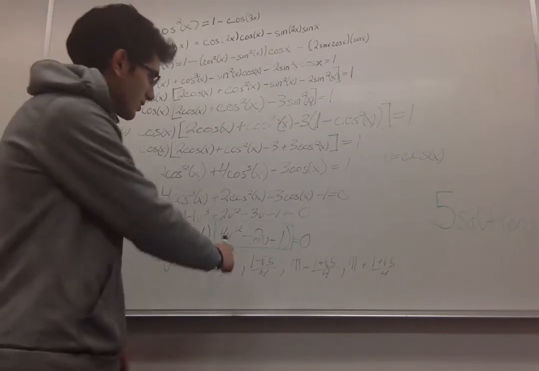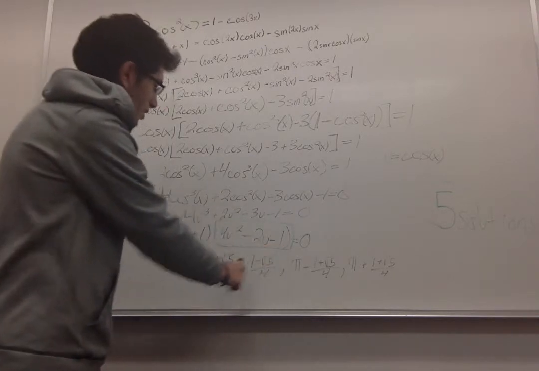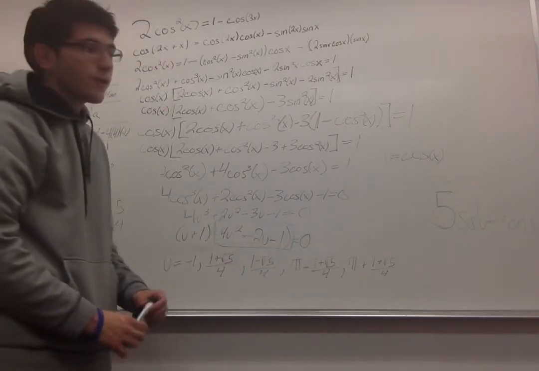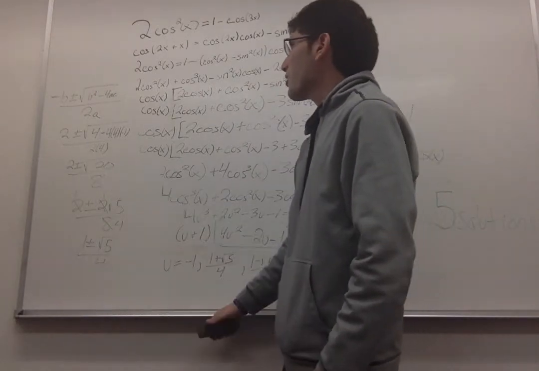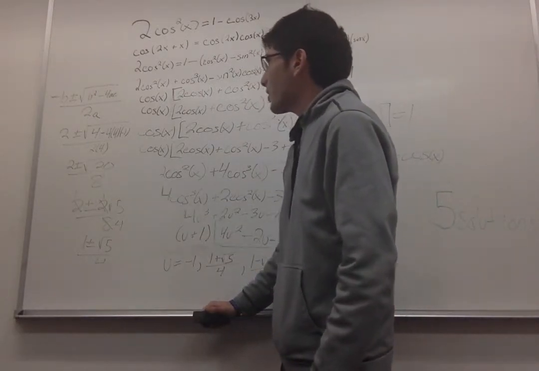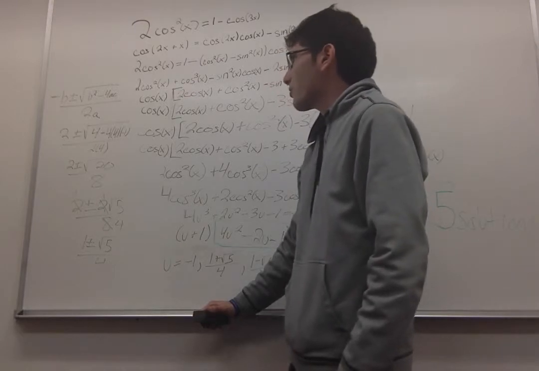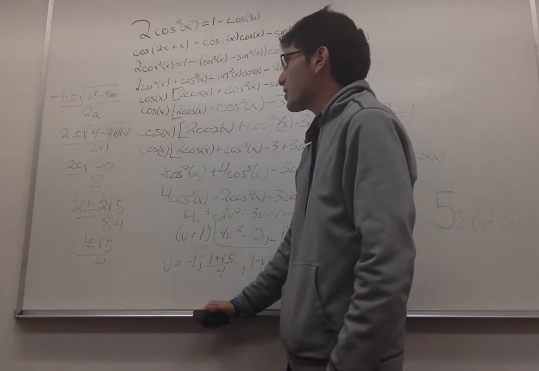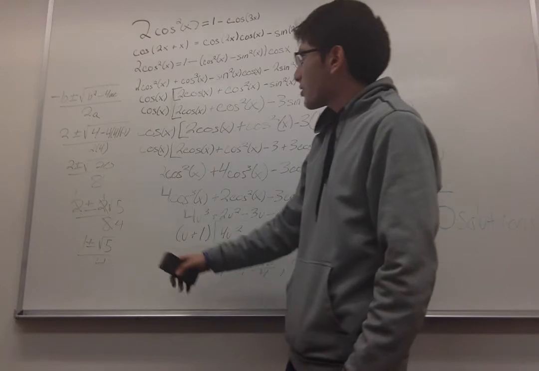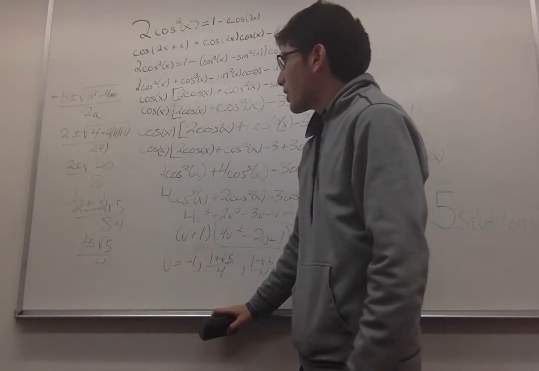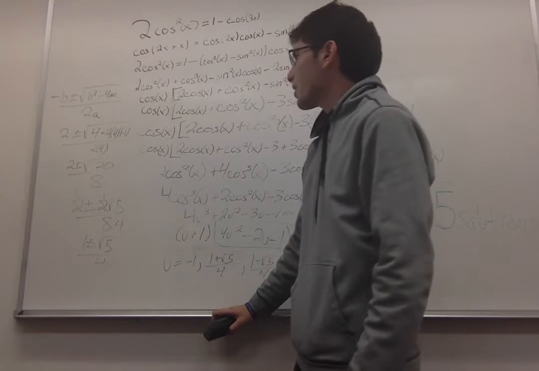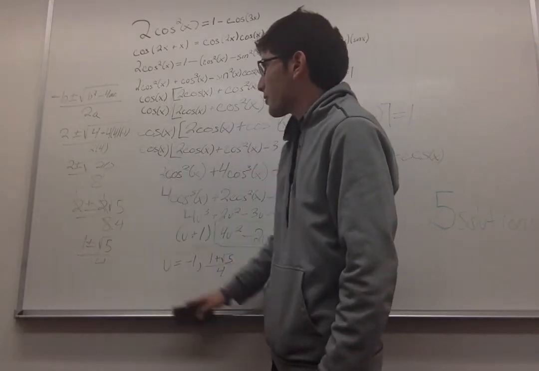Now, in order to get the answers for this right here, we need to use the quadratic formula. The quadratic formula is negative b plus or minus the square root of b² minus 4ac all over 2a. So it's going to be 2 plus or minus the square root of 4 minus 4 times negative 1, all over 2 times 4.